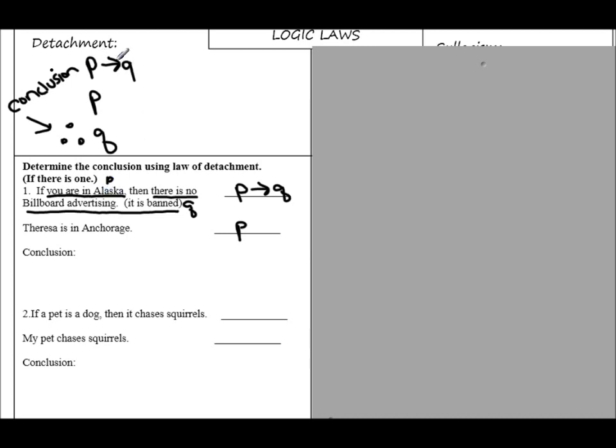So far we have P arrow Q, we have our hypothesis, it's been restated in another way, and we can conclude that Q is true. So we can conclude, as it refers to Teresa, that Teresa will see no billboard advertising. So that refers to our Q, our conclusion.